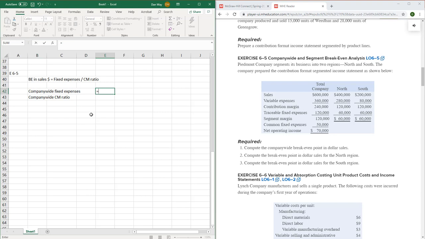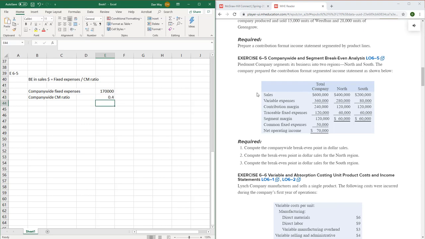Company-wide fixed expenses are going to be all of the company's traceable fixed expenses from its individual segments. So in this case, 120,000 right here, plus those common fixed expenses, in this case, 50,000. Okay, so 170,000 total fixed expenses to cover. Now the CM ratio would be the company-wide contribution margin, so 240,000 in this case, divided by company-wide sales, or 600,000 in this case.